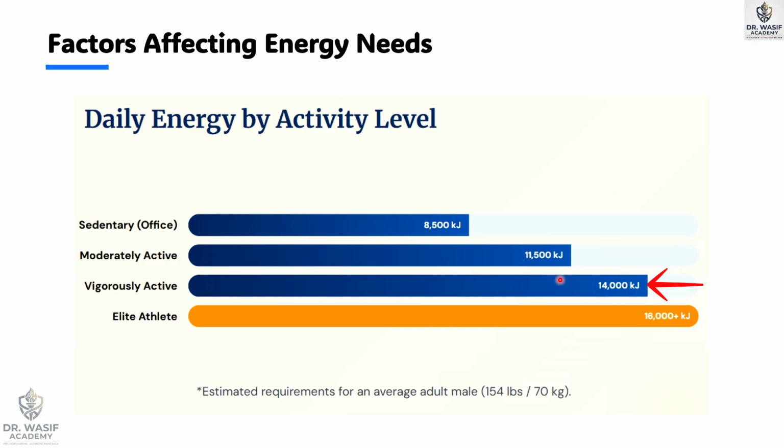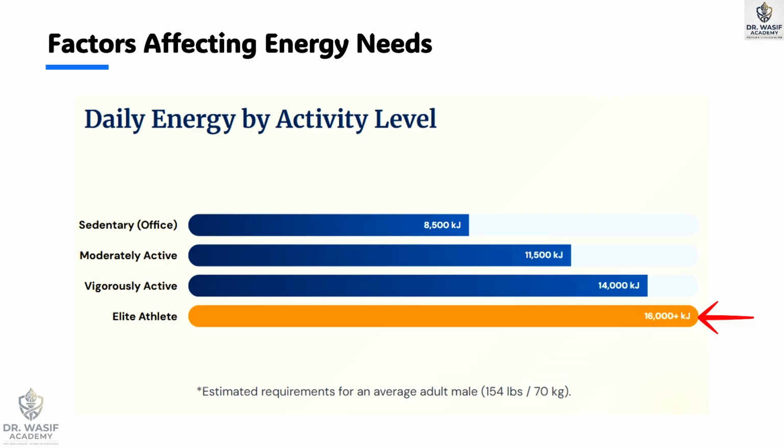You can look here, for a vigorously active person that goes up to 14,000 kilojoules. And look at our peak baseline, that is the elite athlete. The intensive training demands are staggering: 16,000 plus kilojoules every single day just to stay in energy balance.